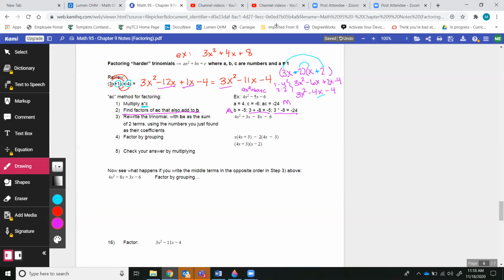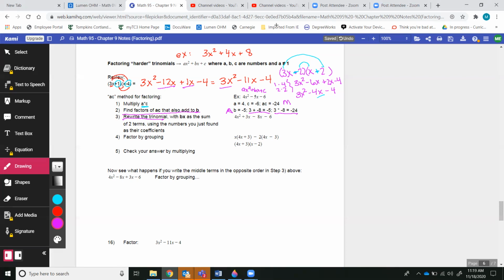So now 3 and -8 do not go into your binomials at this point, okay? Because I don't want 3 and -8 in the last places because I don't want -24 here, right? We have to kind of figure out how those influence our factors. So here's where there's something a little bit new. We rewrite the trinomial with b of x, this middle term, as the sum of two terms using the numbers you just found as their coefficients.